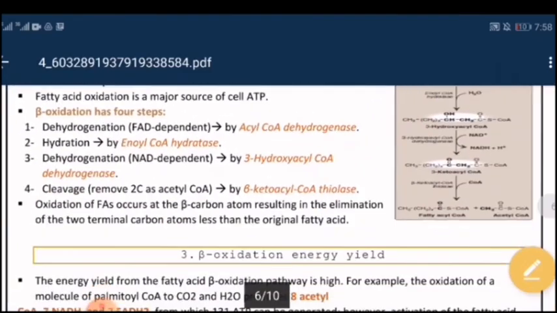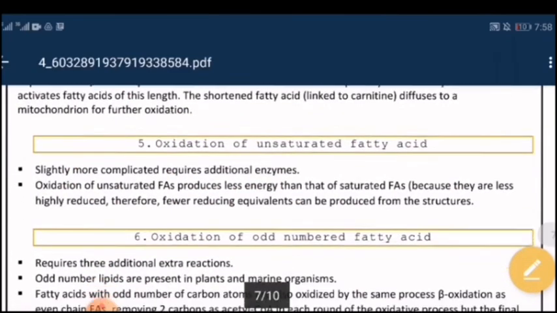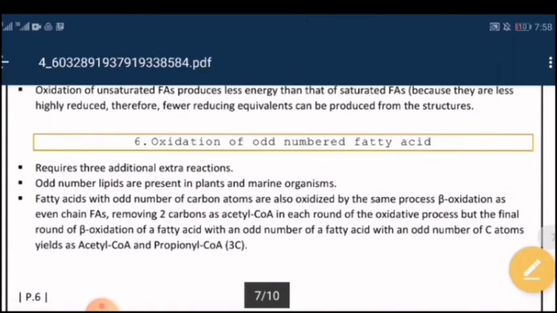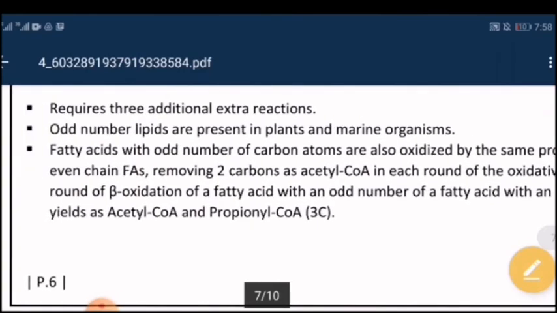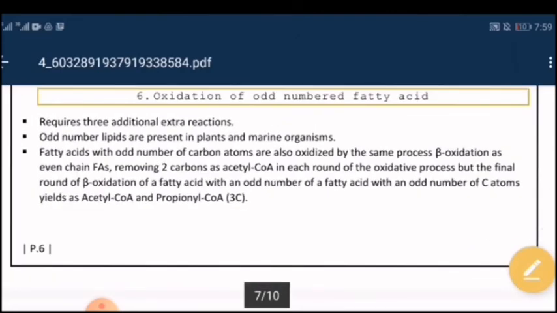What if it is odd, containing an odd number of carbons? We are going to use the same mechanism. Instead, we are going to remove 3 carbon atoms in the final step. This is the only difference.